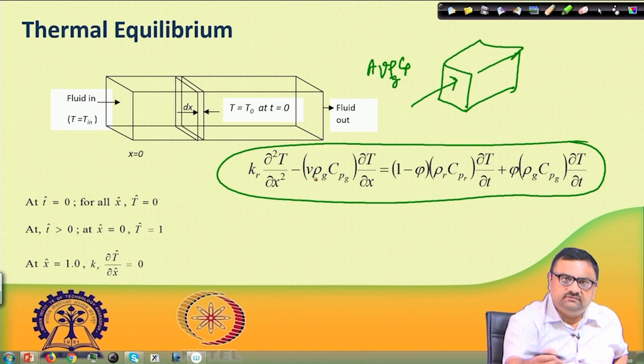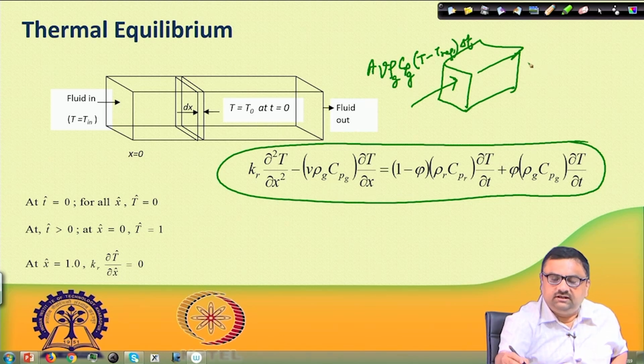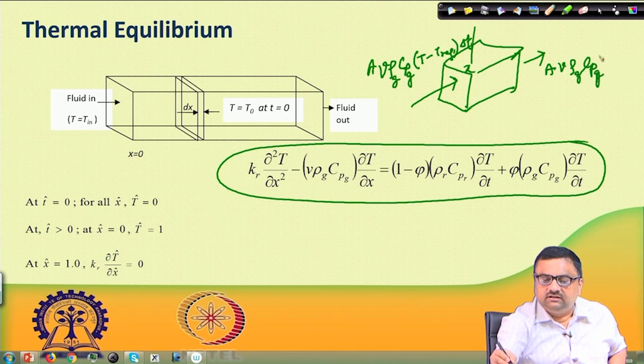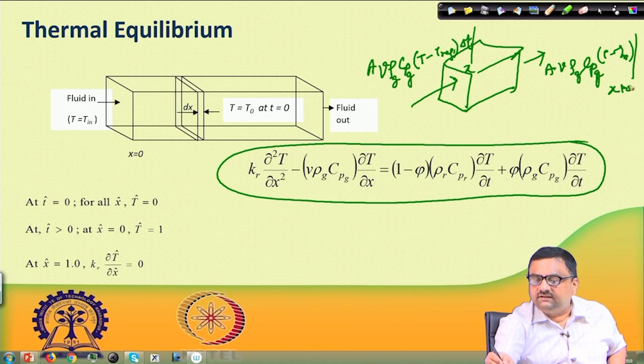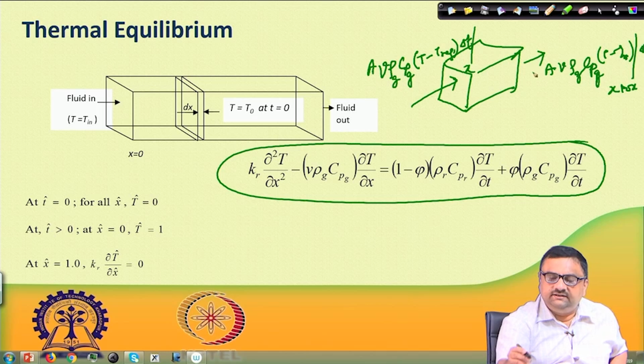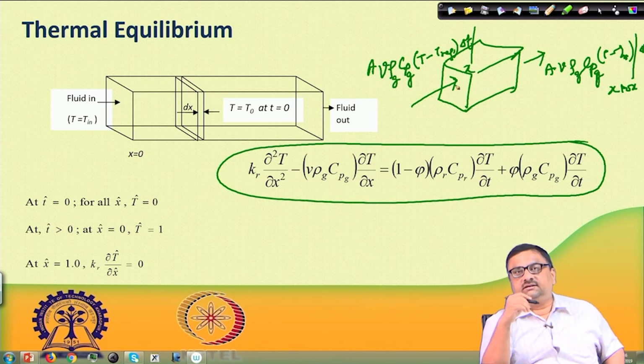So, let us say what is coming in is A V rho g Cpg (T minus T ref) delta t, and this entire thing is at x, and what is leaving is A V rho g Cpg (T minus T ref) at x plus delta x into delta t. Then this difference would be the accumulation, right.